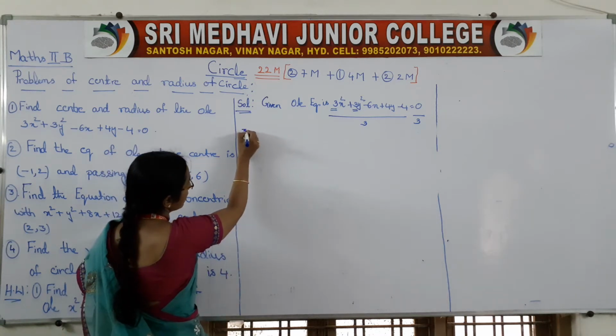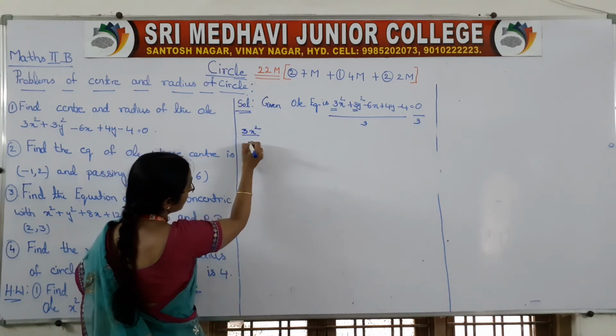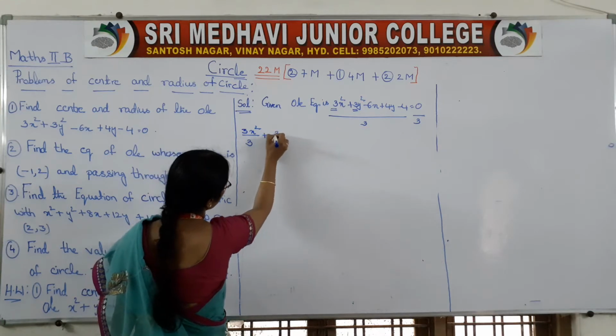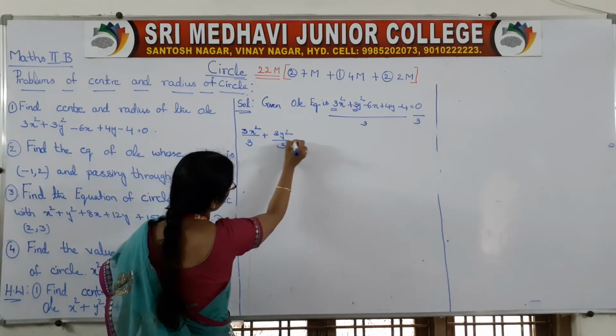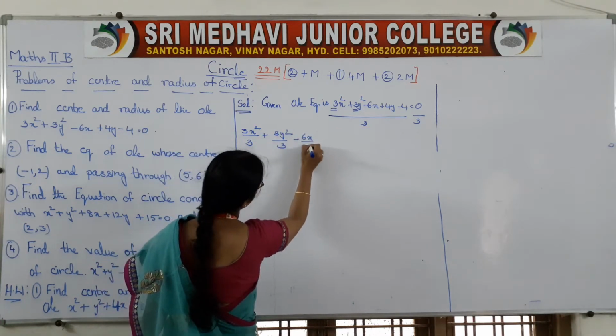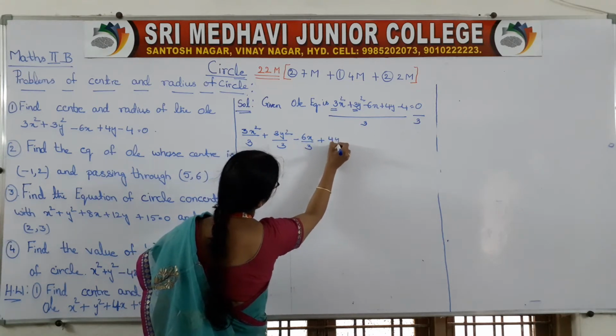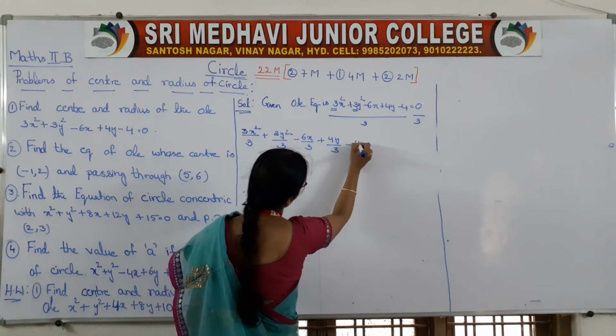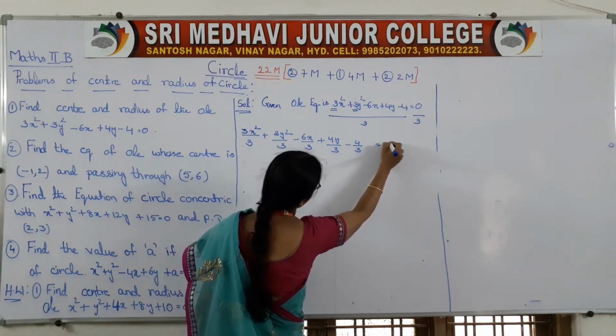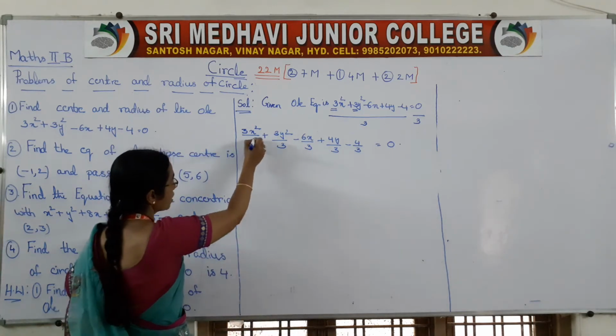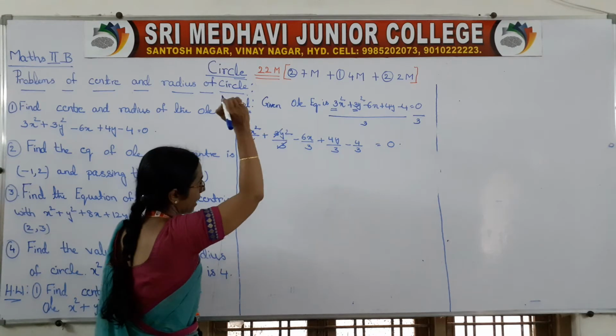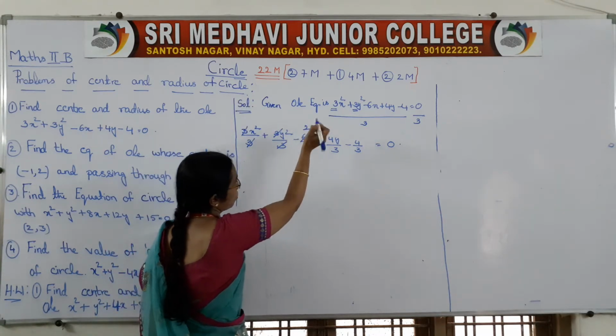Next, you write the equation separately: 3x square by 3, 3y square by 3 minus 6x by 3 plus 4y by 3 minus 4 by 3 is equal to 0. So, here the 3s cancel.